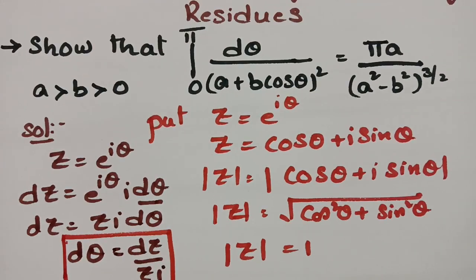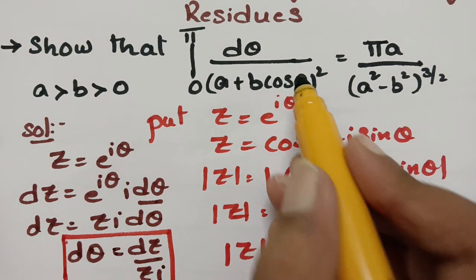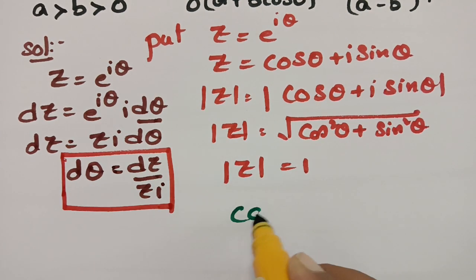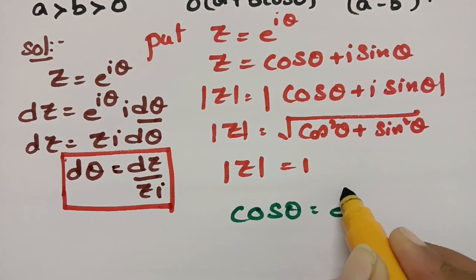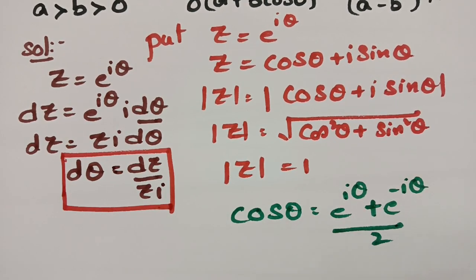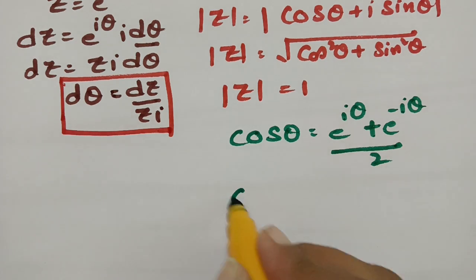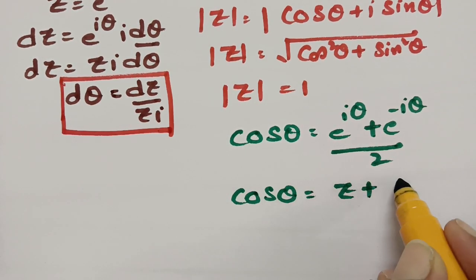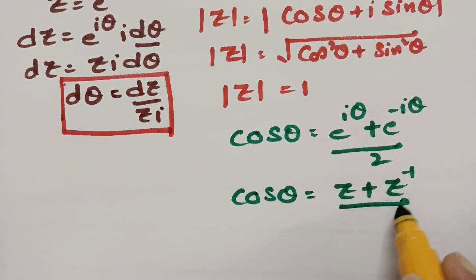And next, I need the cos theta value. In order to substitute here, I have to write cos theta. So cos theta value is always equal to e power i theta plus e power minus i theta by 2. And therefore cos theta is equal to z plus z inverse by 2.